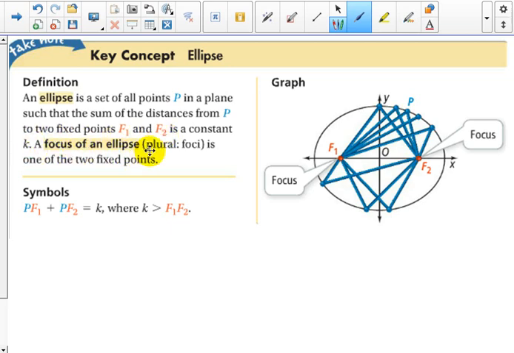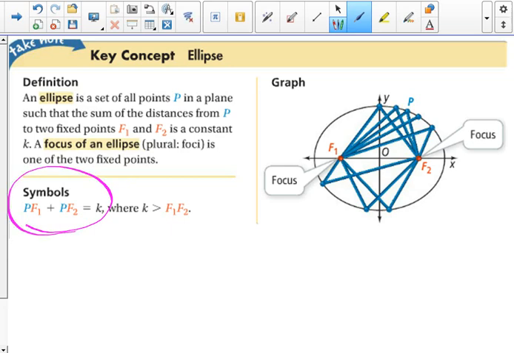A focus of an ellipse, and the plural of focus is called foci, is one of the 2 fixed points. A focus of an ellipse is one of the 2 fixed points. So that will be our foci. Excuse me, our focus. Plural is foci. So we're talking about a focus because it's one of the 2 fixed points. So here it is in our symbols.